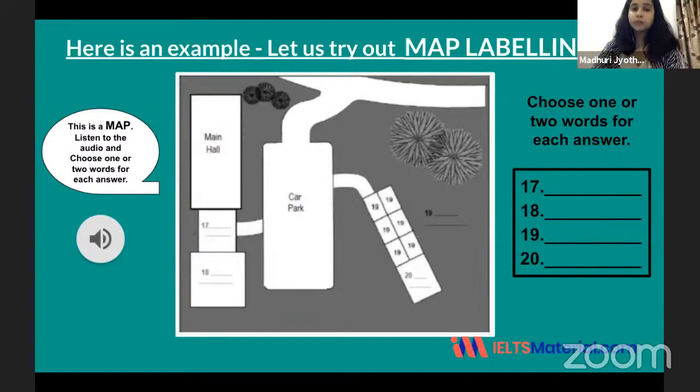But if you follow the audio and listen carefully, you will be able to answer. So I'm going to play this audio right now. I want you to observe what is given in the map and try to answer the question.